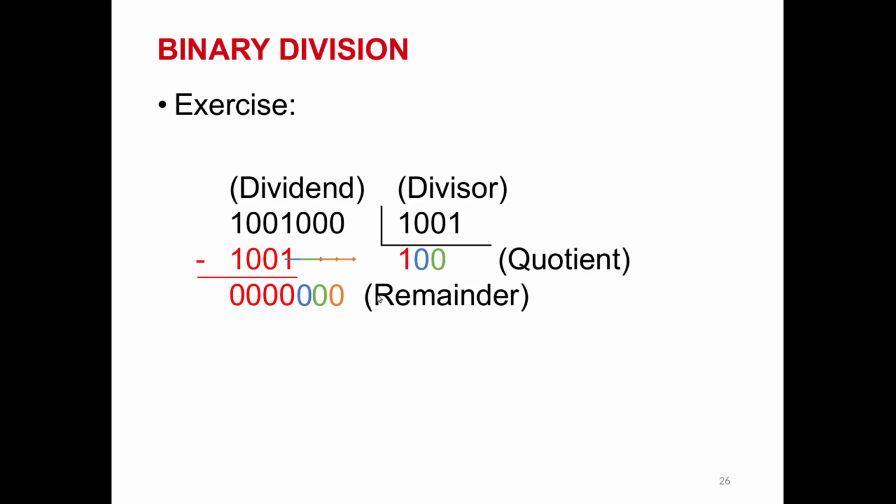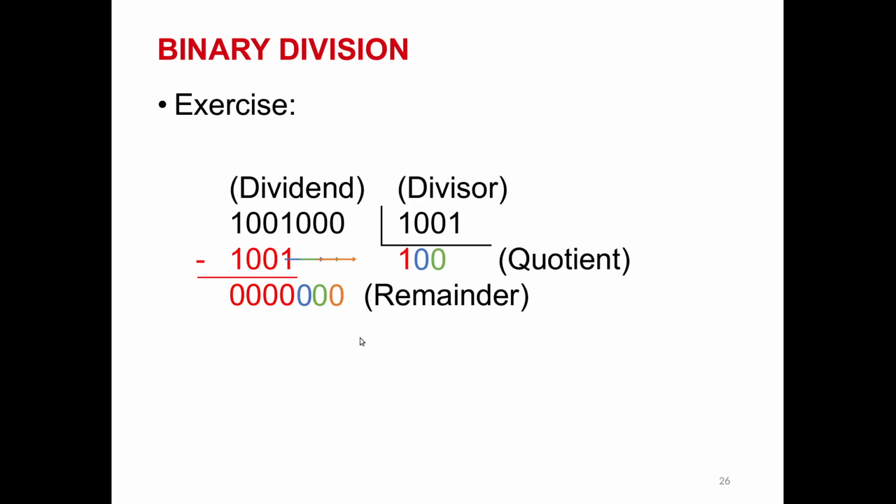And if you look into the hardware in that manner, you can see that the remainder shifts to the left, the quotient also shifts to the left, and so we can take one bit of the quotient and put it in place of one bit of the remainder.